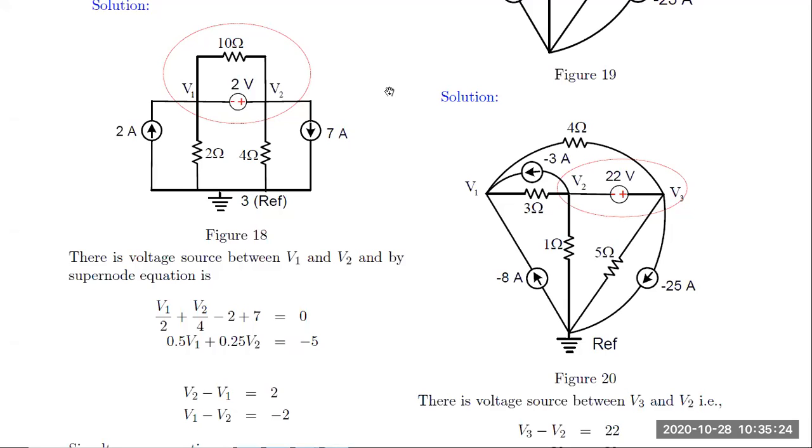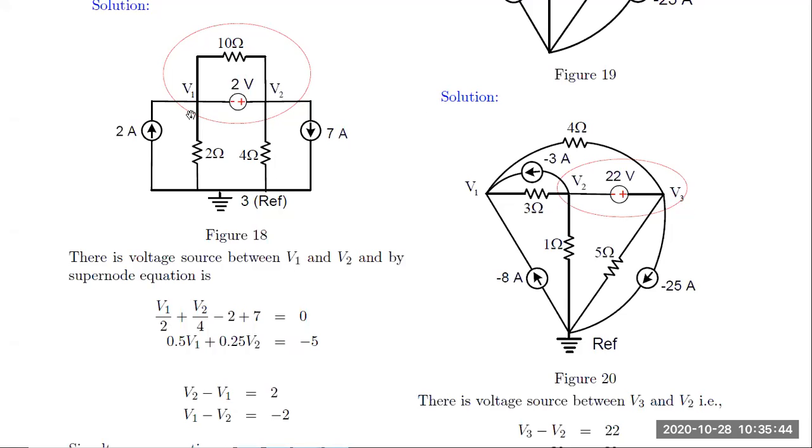By applying the supernode equation, as usual, V1 divided by 2, and current coming towards this node, minus 2 ampere. What about this resistor and source?